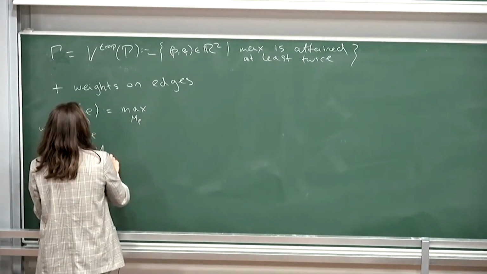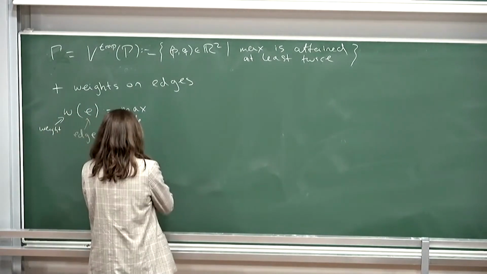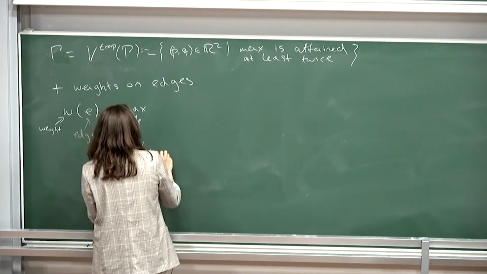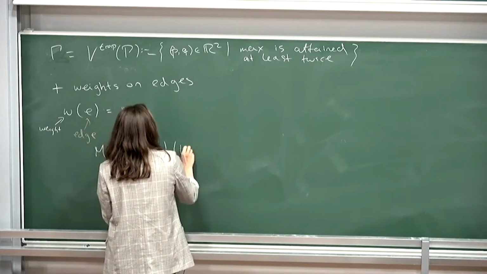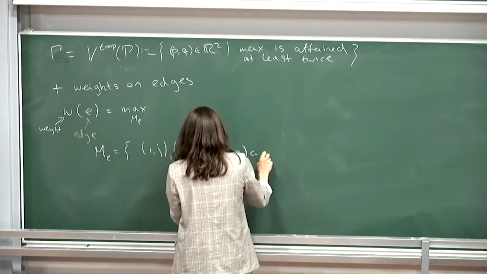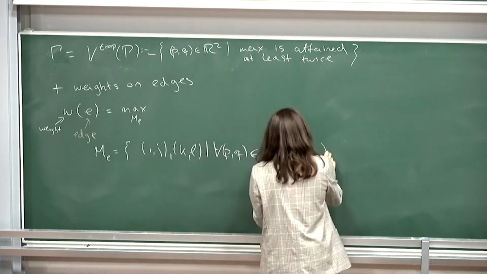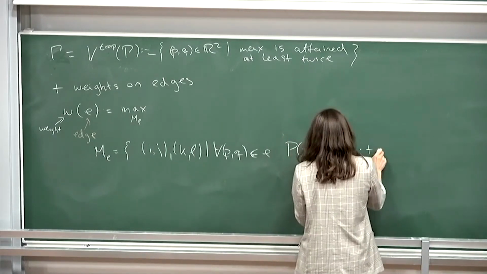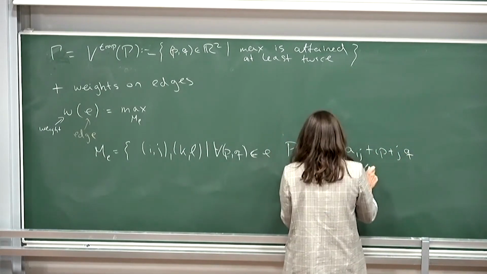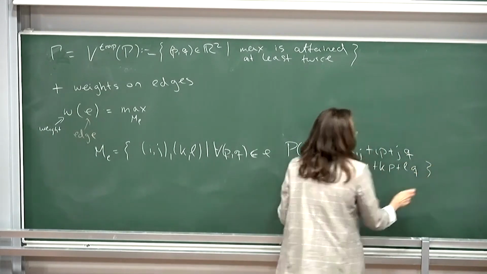First over M_E, and M_E is all pairs (i,j), (k,l) such that for all points (p,q) on the edge, this polynomial of (p,q) is equal to a_ij plus ip plus jq, but also a_kl plus kp plus lq. So what does this mean?